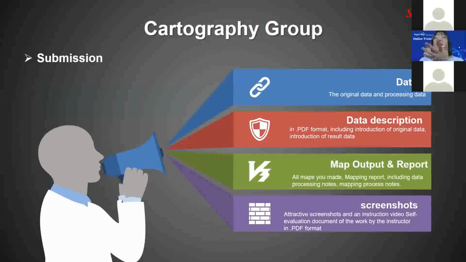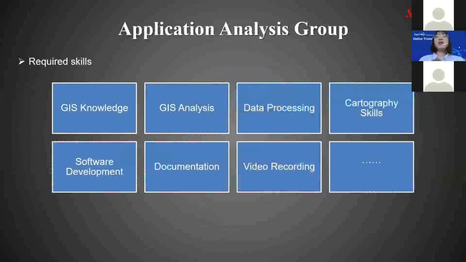And of course, you have to submit all the maps you created, and you can submit them in PNG, JPEG, or slides. And please provide some attractive screenshots in your report or in your data description. So that's all for the cartography map.